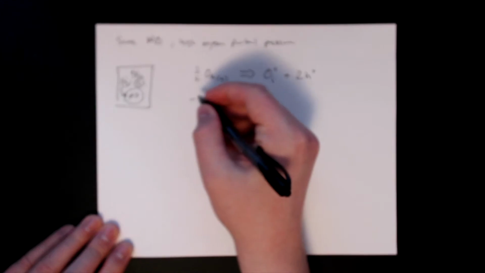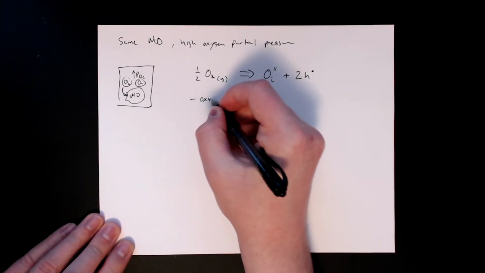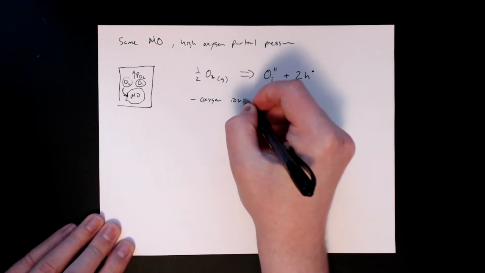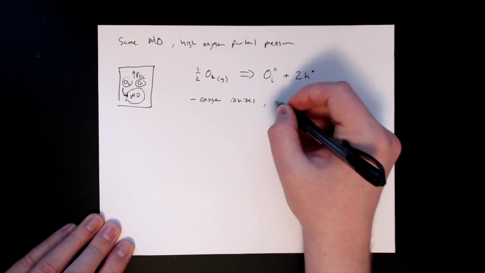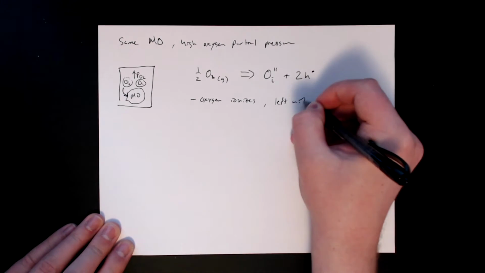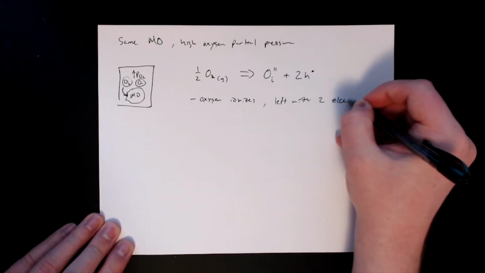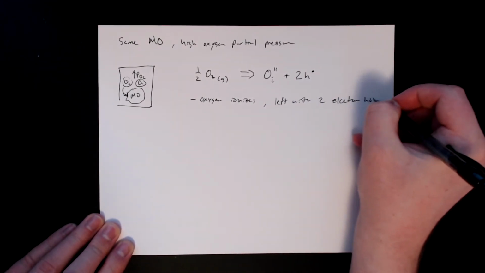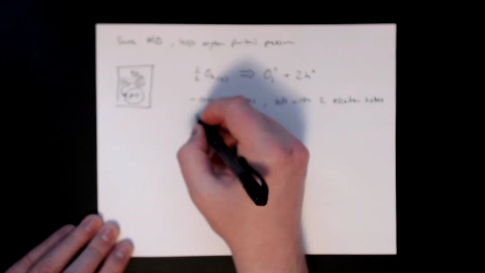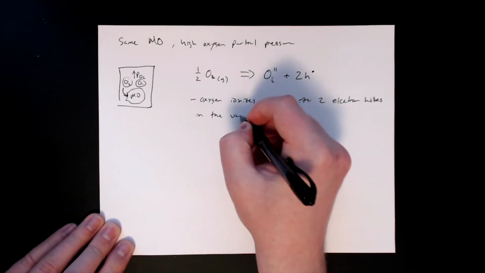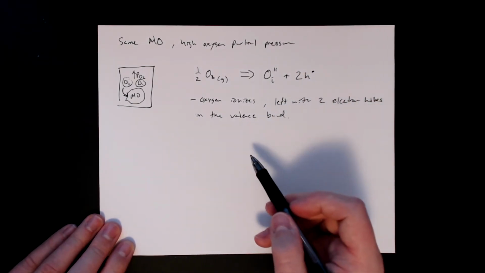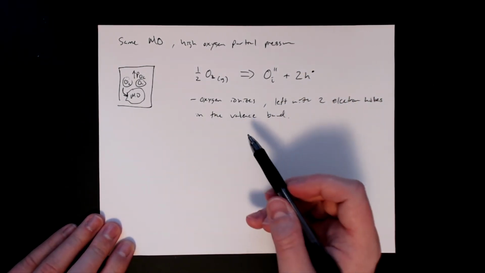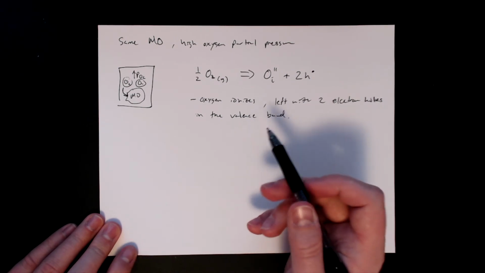So this is oxygen ionizes and left with two electron holes. And those holes are in the valence band. And again, this would affect the electronic properties of this material.